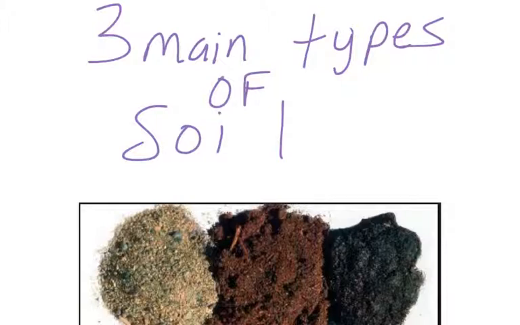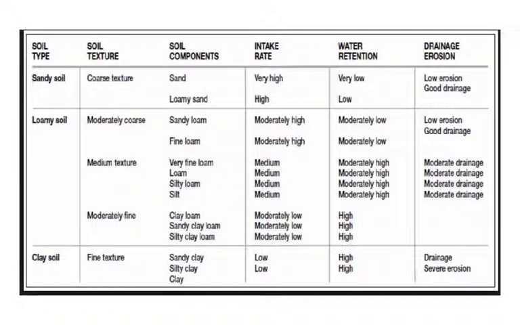Now, when we're talking about the properties of soil, we have this handy-dandy chart, which again, yes, copy down in your notebook, or you'll be doing this tomorrow in class instead of doing the lab. So when we're looking at sandy soil, this is what it is. It's coarse.